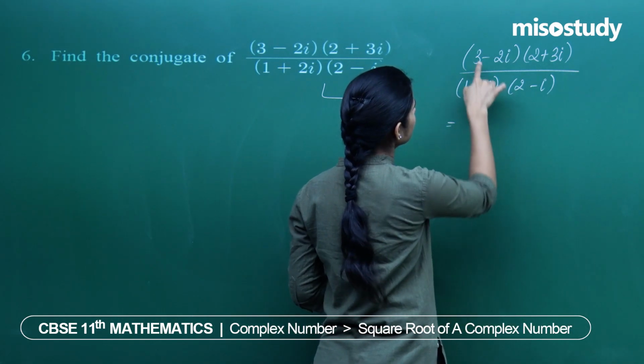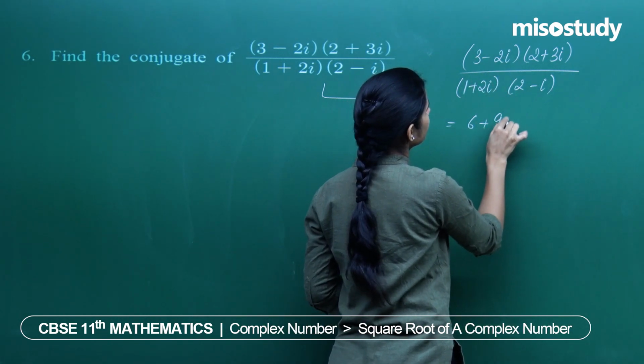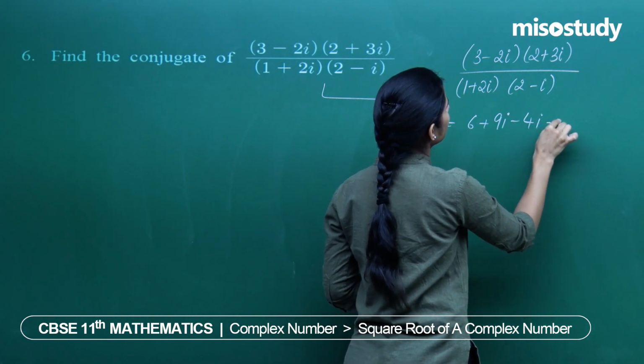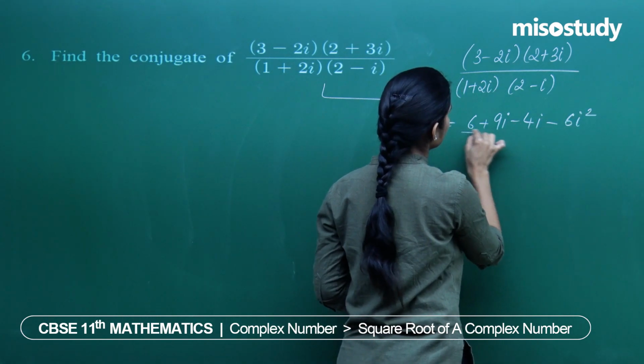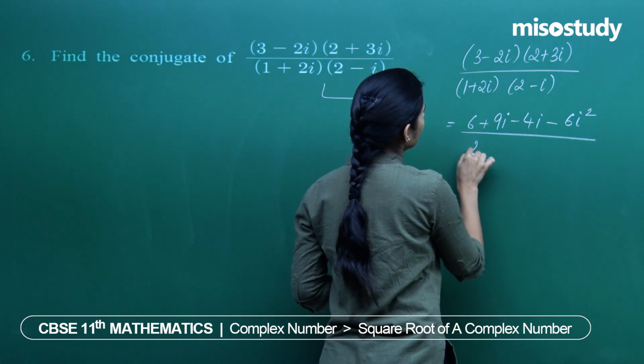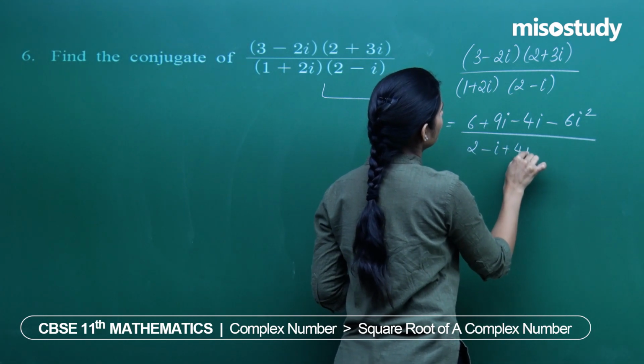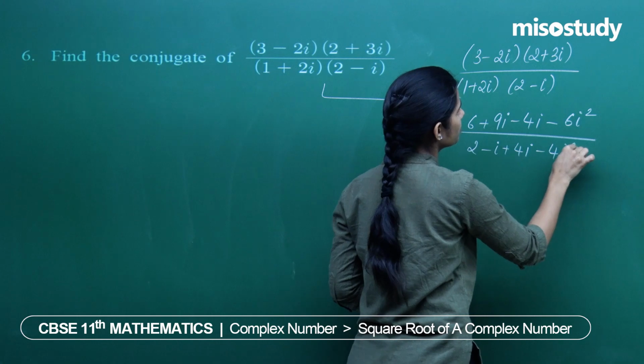Try to simplify. 3 into 2, 6 plus 9i minus 4i minus 6i², whole upon 2 minus i plus 4i minus 2i².